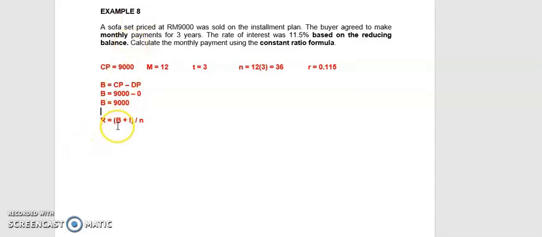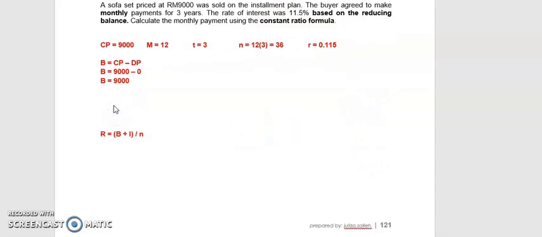Now we already have value balance and value N. How about I? I using the constant ratio formula. When you derive value I from the constant ratio formula, I equals B multiplied by N plus 1 multiplied by R, then divided by 2M.